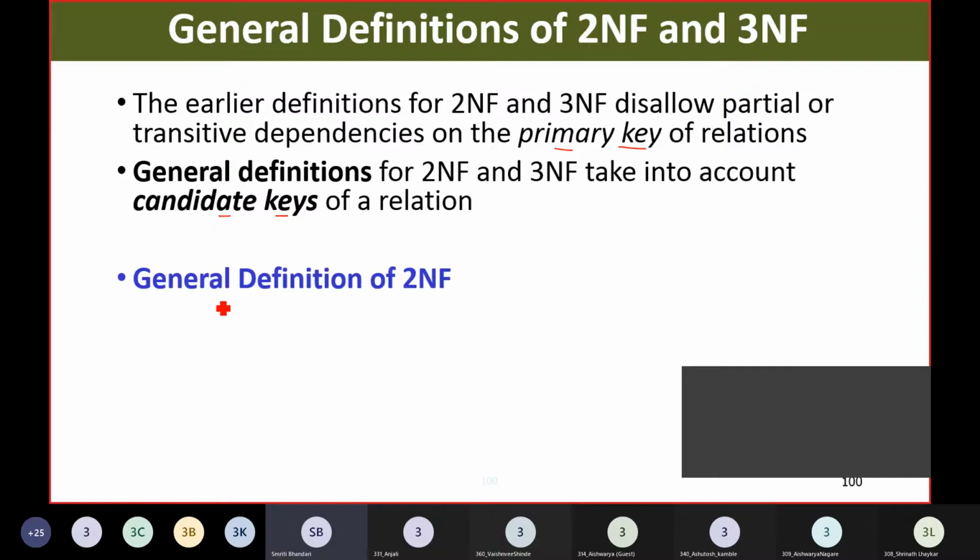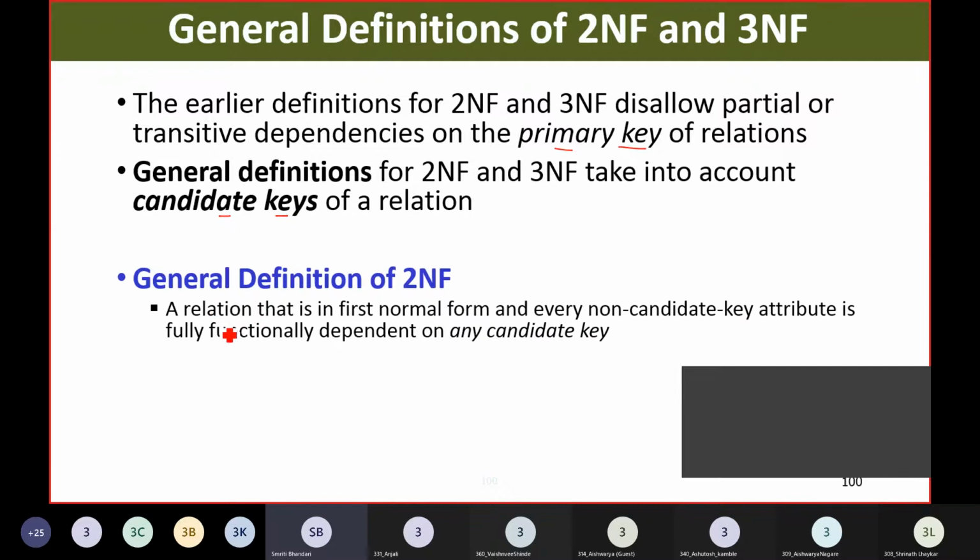So the general definition of 2NF now becomes like this: a relation that is in first normal form and every non-candidate key. See here, we are saying every non-candidate key. Earlier, we were saying every non-primary key attribute. That was the earlier definition.